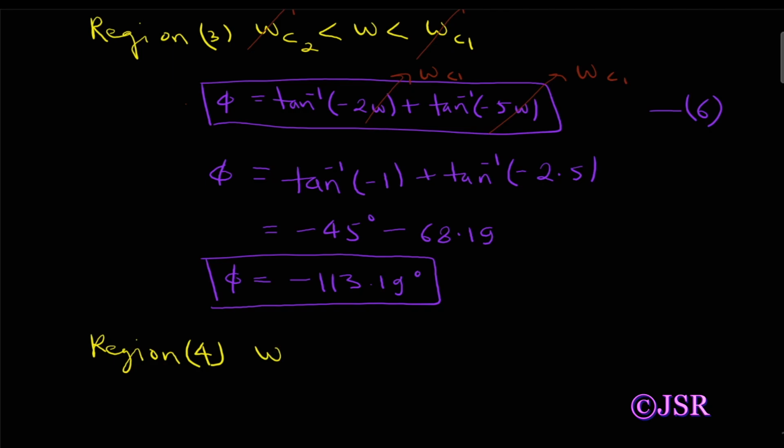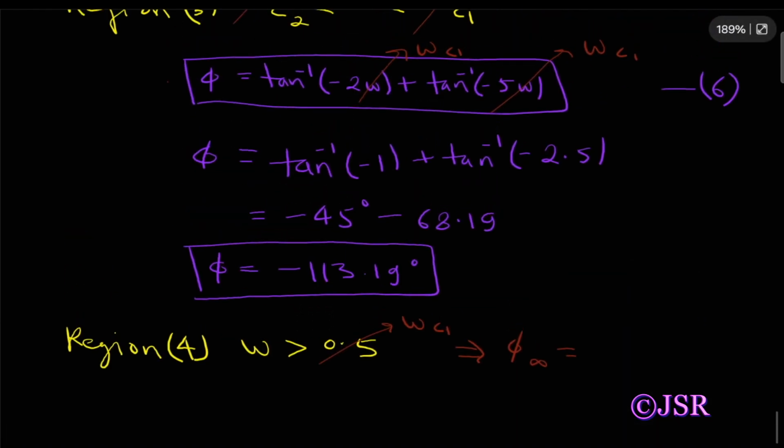So fourth region, region 4, when omega is greater than 0.5, which is again omega C1. So in that case we have to find out the value of phi.